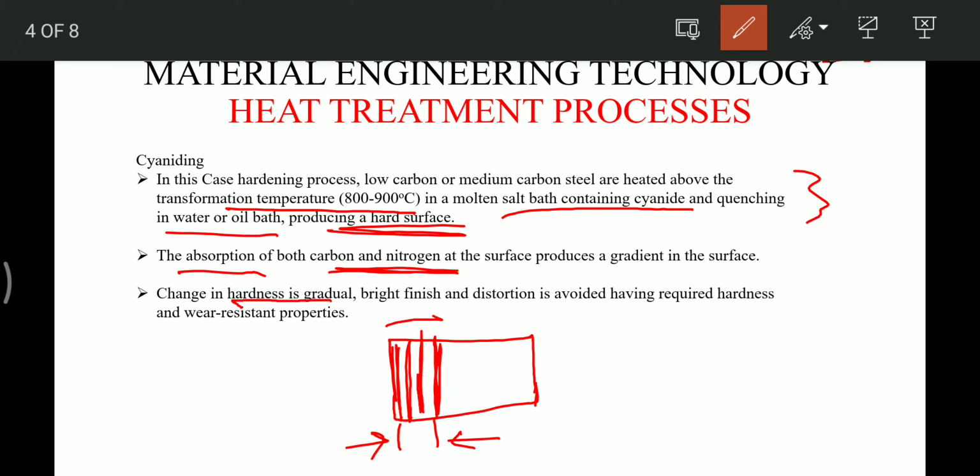So basically if we move towards the core of the steel part, then the hardness will decrease. Okay friends, so this hardness takes place gradually with bright finish. This also provides wear resistance property to the material.